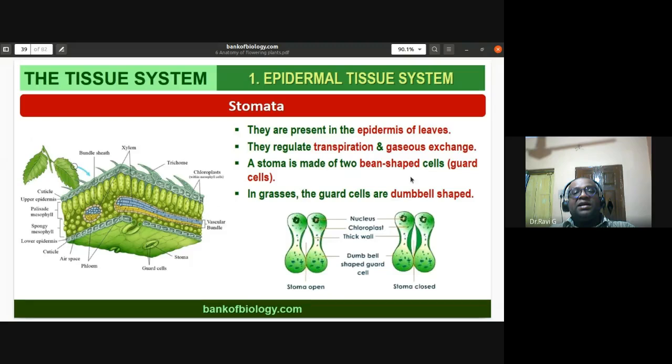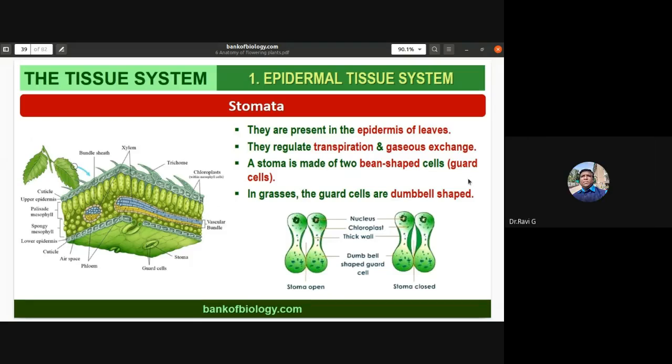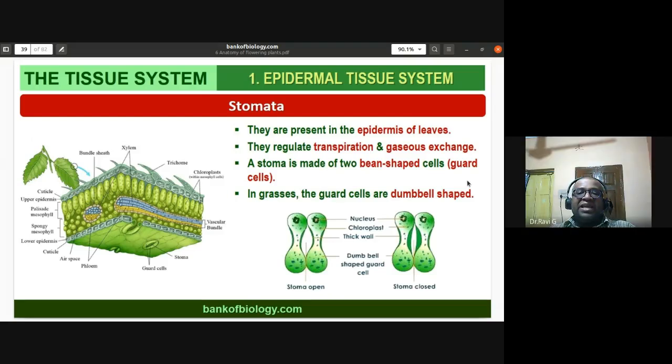These are exceptions. CAM plants, we call them crassulacean acid metabolic plants, exhibit this type of opening and closure of stoma. Opening of stoma is during nighttime and closure is in the daytime. In the majority of plants, the opening of stoma is in the daytime, and during nighttime the stoma is closed.